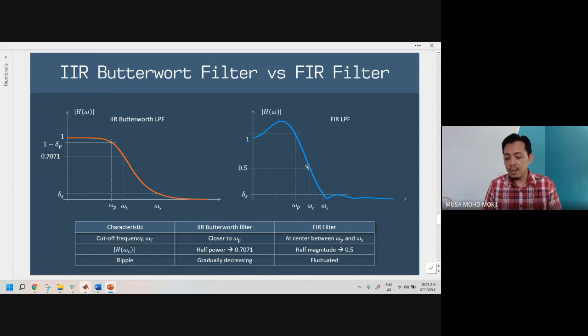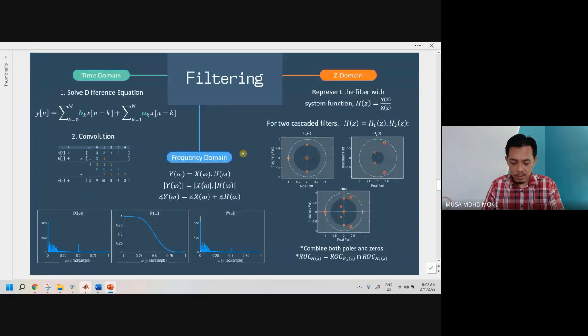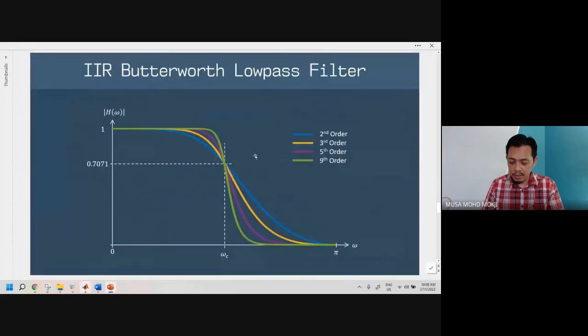The FIR filter we designed from scratch from an ideal filter. So this is from an analog filter, this is from an ideal filter. Let's see what the steps are for this IIR filter before we go to the example.